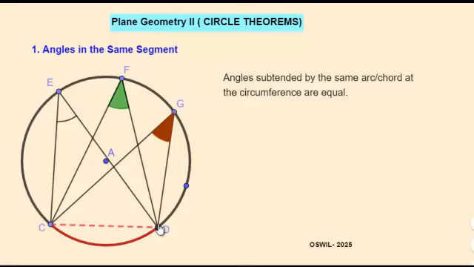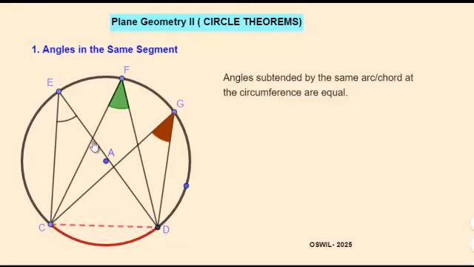If they are all on the same arc or chord, it means they are equal. At times the chord wouldn't be drawn, but since the arc is part of the whole circle, you may see that arc. If the chord is drawn for you, then you are lucky. And if it is not drawn, you can also draw your own chord.